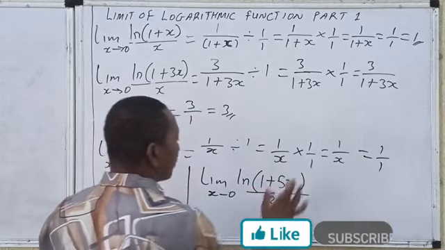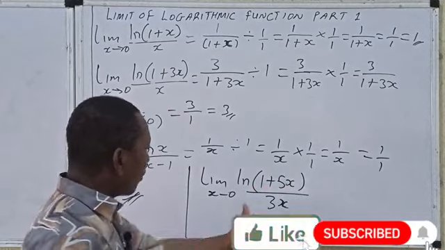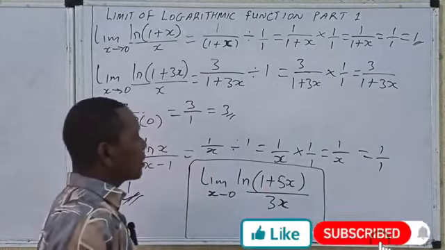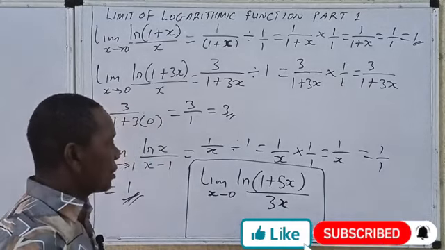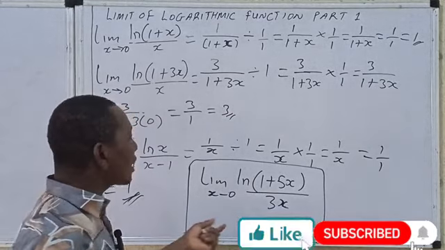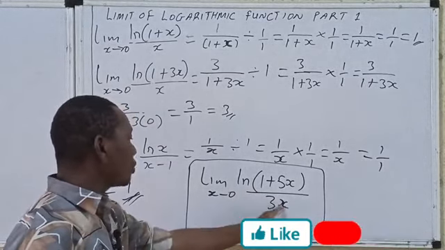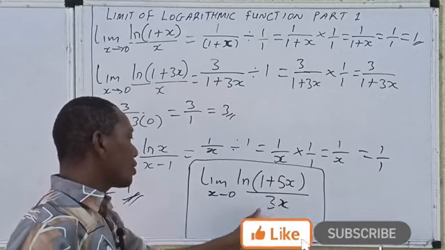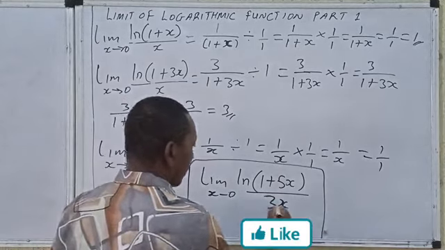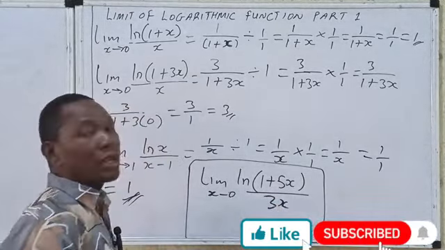I want you to attempt this as an assignment. Just a slight change. Attempt this as an assignment and drop your answer in the comment section. Note that you cannot evaluate directly because if I put 0 in this place, it will be 0. So you can't. So evaluate this and drop your answer in the comment section.